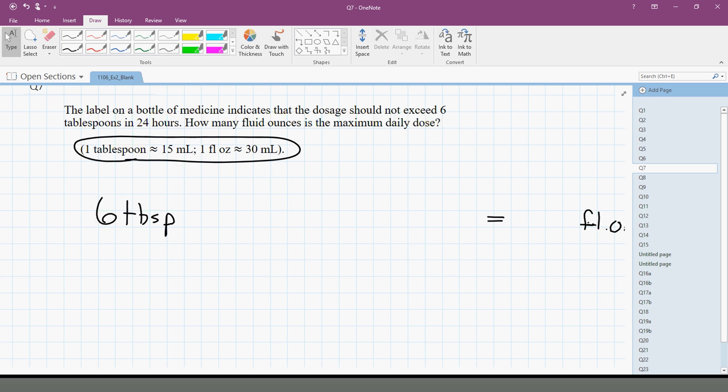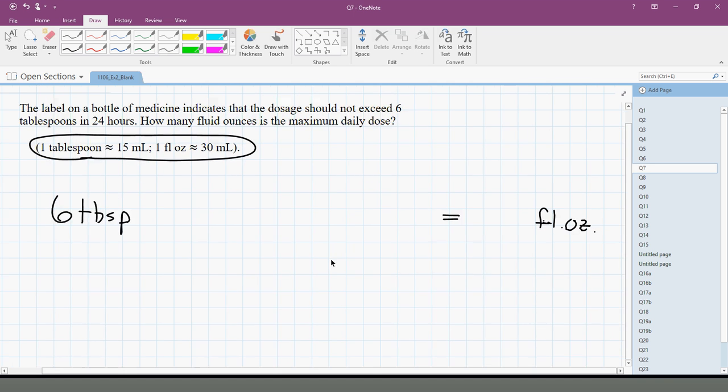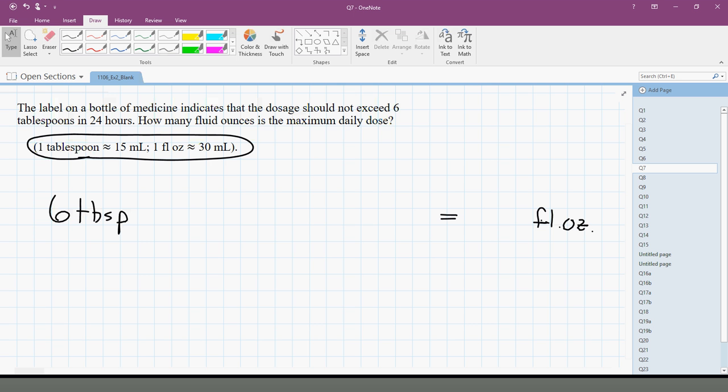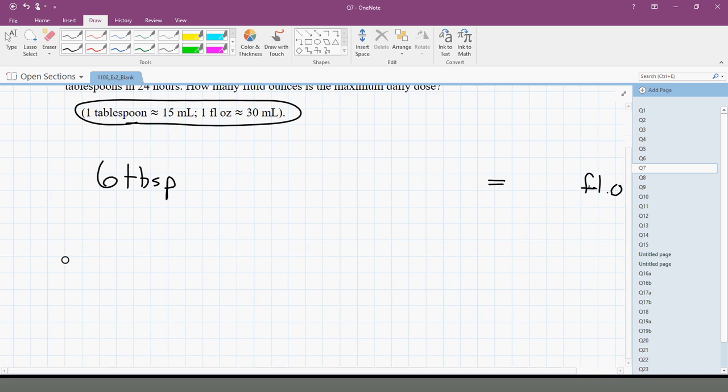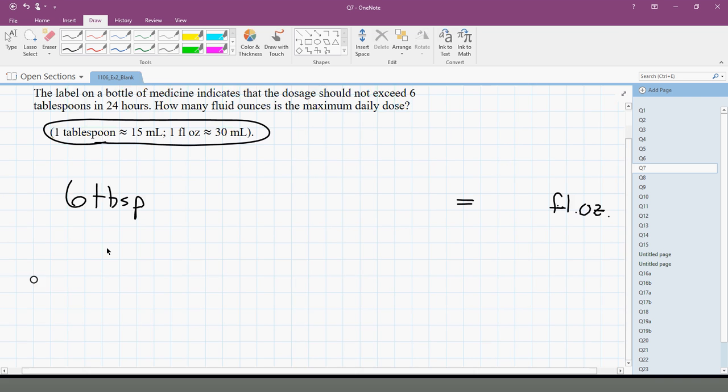If I give you two conversions, there's a reason for that, because I want you to use both. Because we don't have a direct relationship between tablespoons and fluid ounces. But we do have relationships that we can go from tablespoons to milliliters. And then there's a relationship from milliliters to fluid ounces. Does that make sense?